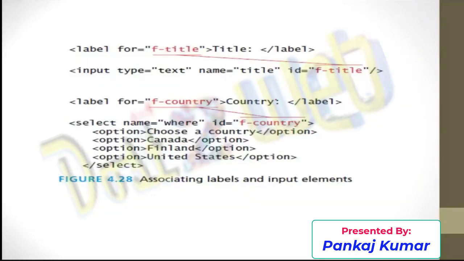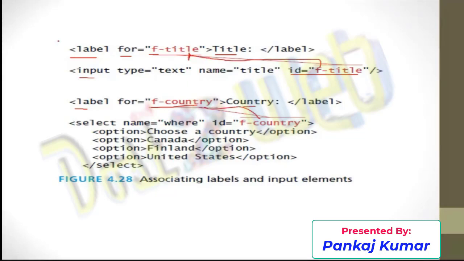You can see here how you can associate labels and input elements. I'm writing label for, f-title, and giving a title. You are giving input type text, id f-title. Same way, label for f-country, writing country, and this is going to be related to this.